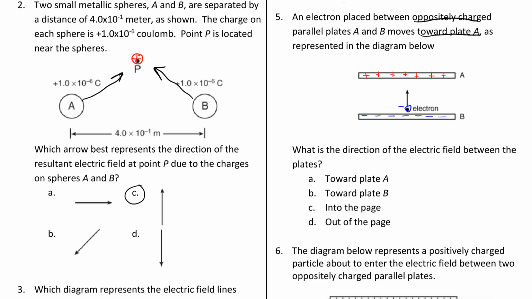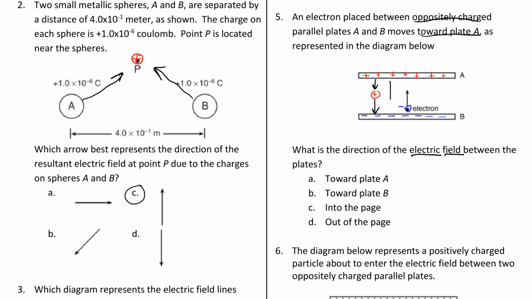Now it says, what is the direction of the electric field between the plates? By convention, the electric field is drawn where a positive test charge would go. So if you put a positive test charge here, not this negative electron, but a positive test charge, then you would be repelled away from this and attracted to this.